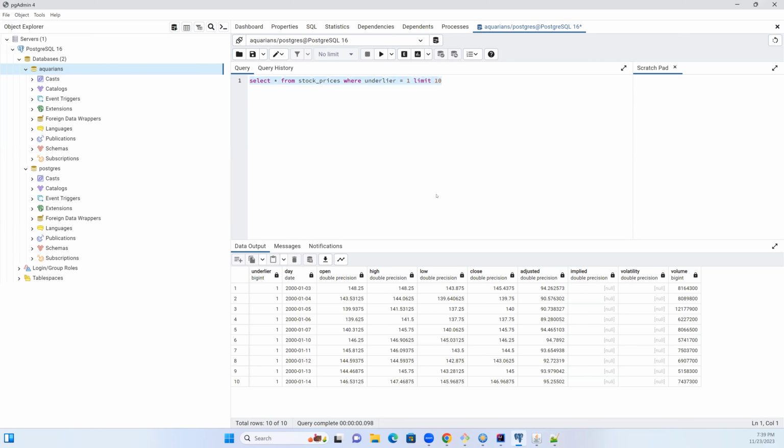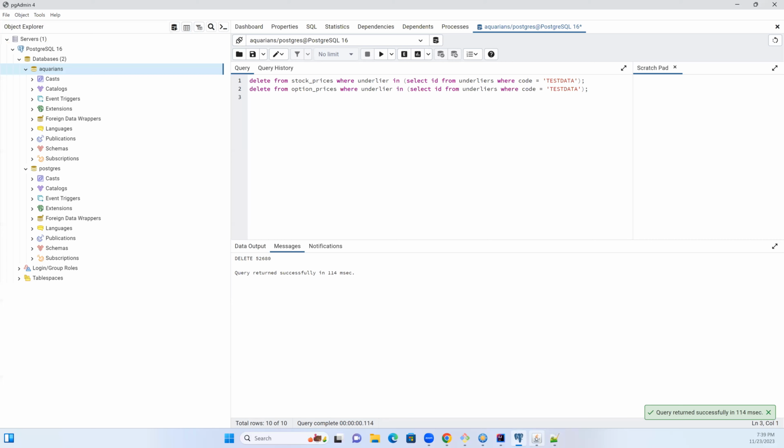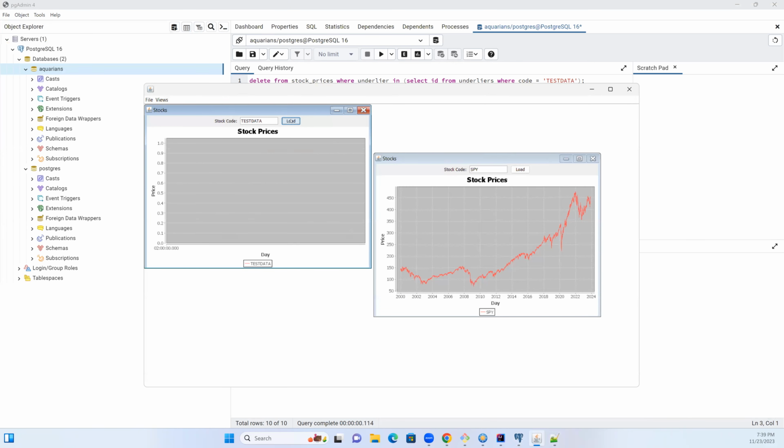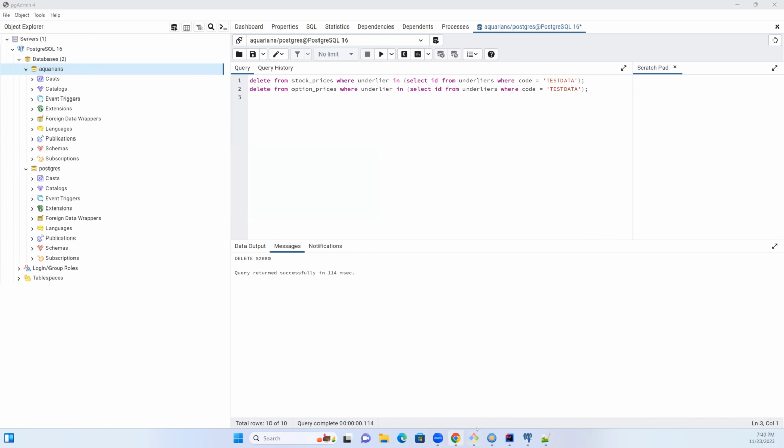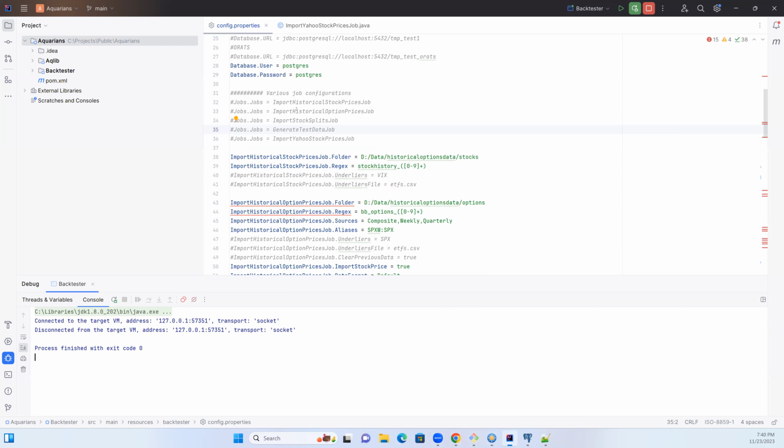So run these two SQL commands. Let's see if we load again. There's nothing here because we deleted it. So stop it, run generation of data again, enable this, run.